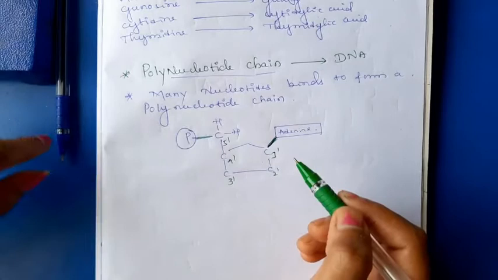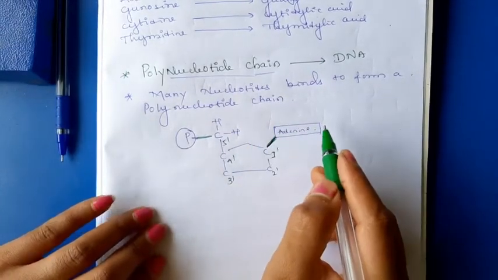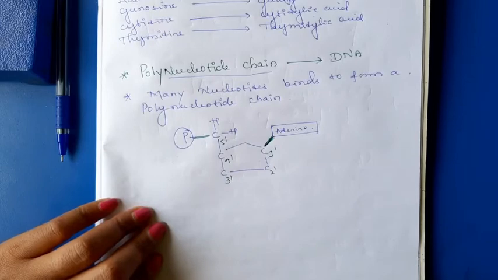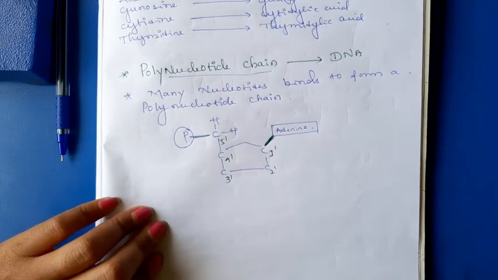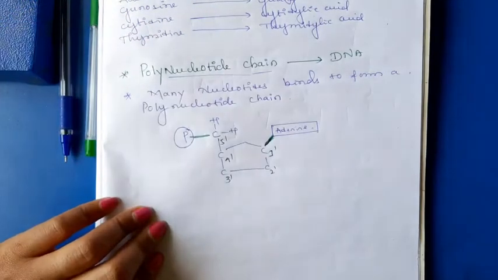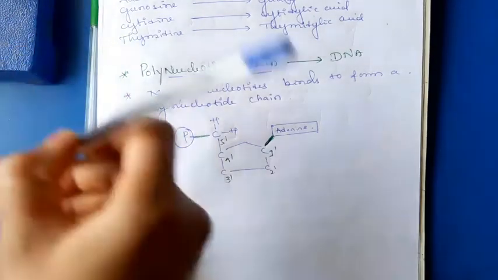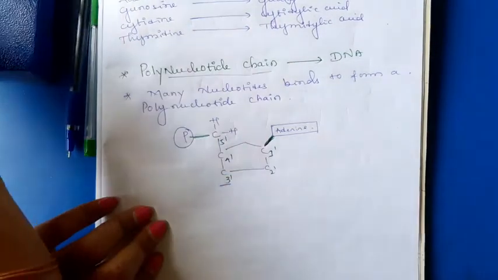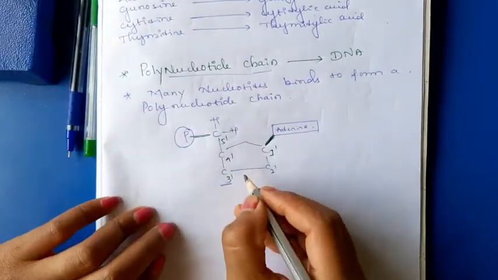Okay. This is the structure of one nucleotide. How is the polynucleotide chain going to be formed? Okay. The second nucleotide phosphate is attached with the 3rd carbon atom of the deoxyribose, that is a pentose sugar.